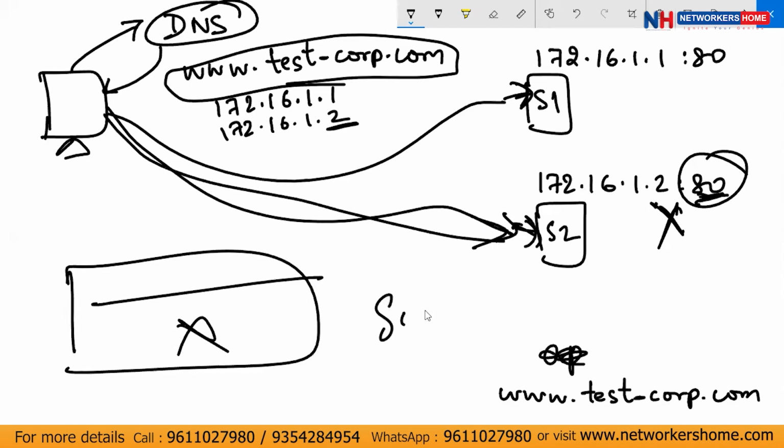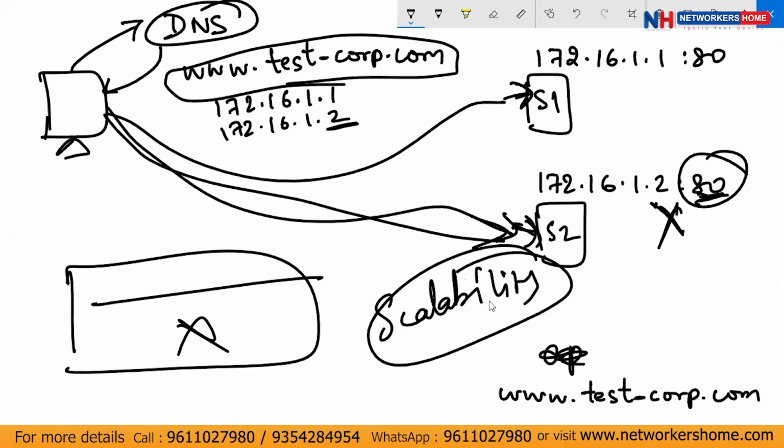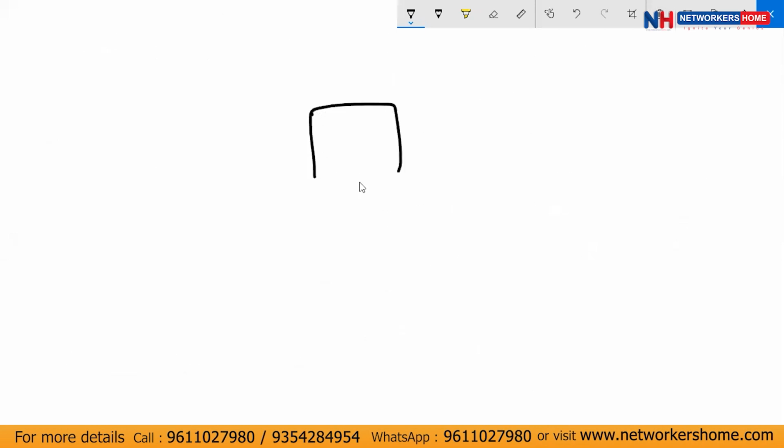Whenever I say scalability, it means the capability of adding up or dynamically increasing, adapting to the increased load without any impact on the existing performance. So let us assume that instead of this DNS server, we add a load balancing solution.